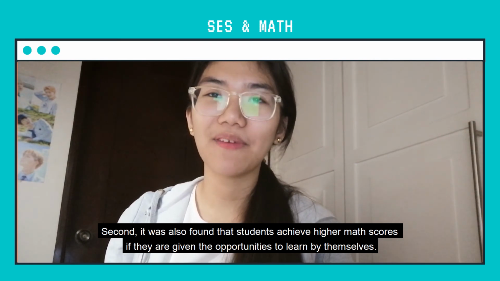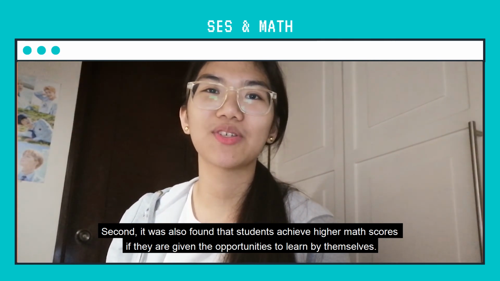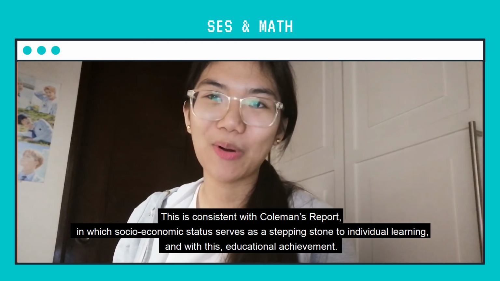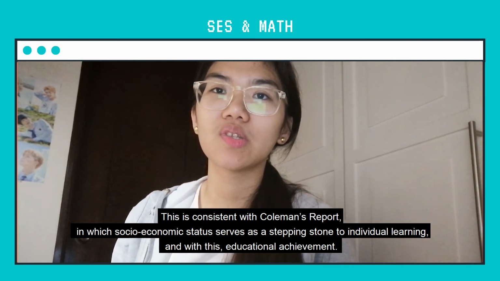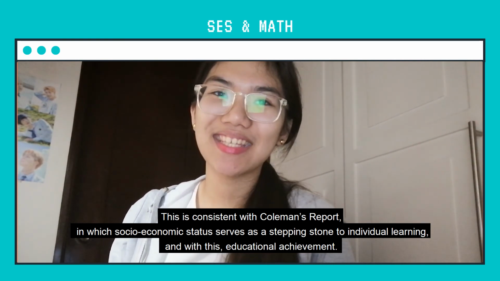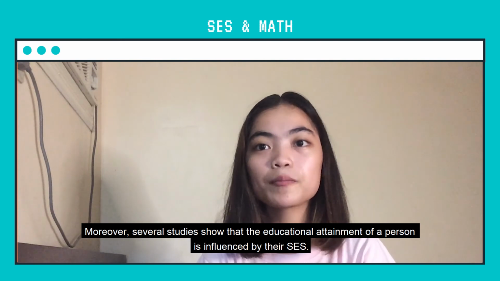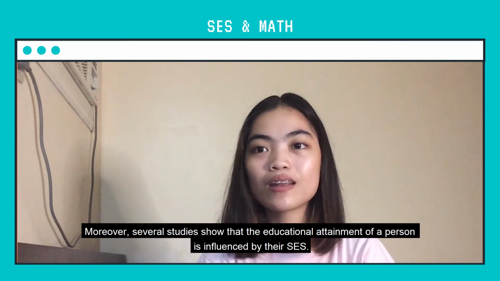Second, it was also found that students achieve higher math scores if they are given the opportunity to learn by themselves. This is consistent with Kuhlman's report, in which socioeconomic status serves as a stepping stone to individual learning, and with this, educational achievement. Moreover, several studies also showed that the educational attainment of a person is influenced by their SES, or socioeconomic status.